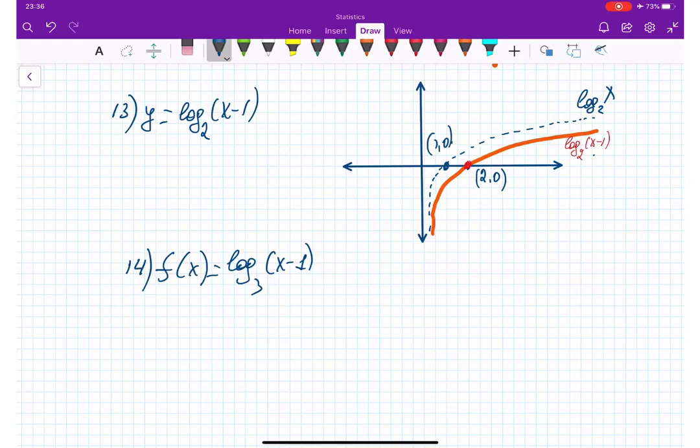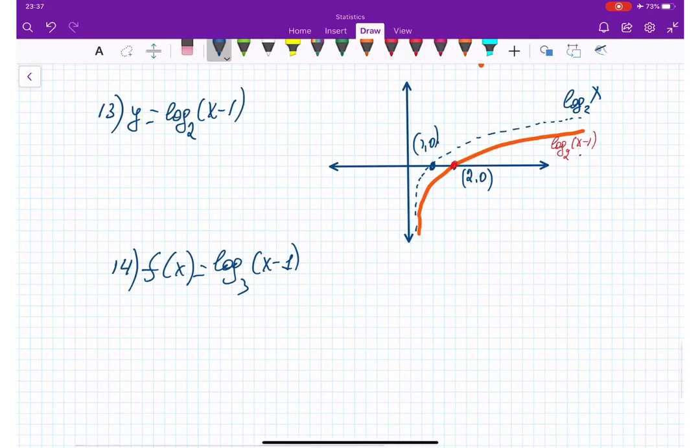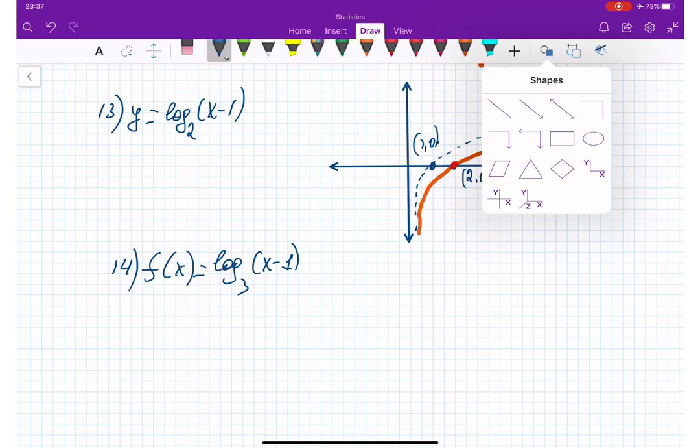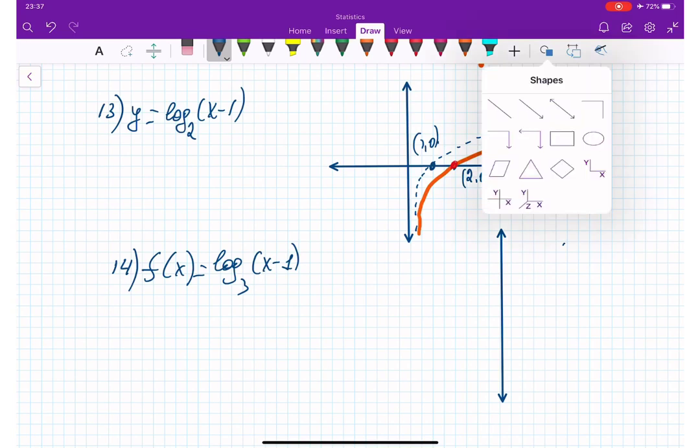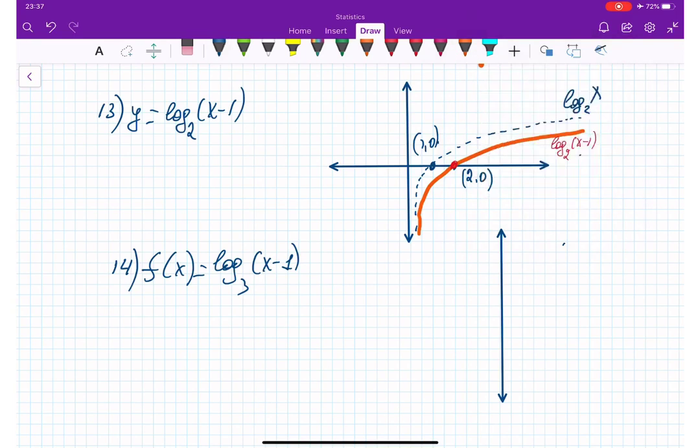Okay? So, what is the graph going to look like? It's going to go like this. Okay.